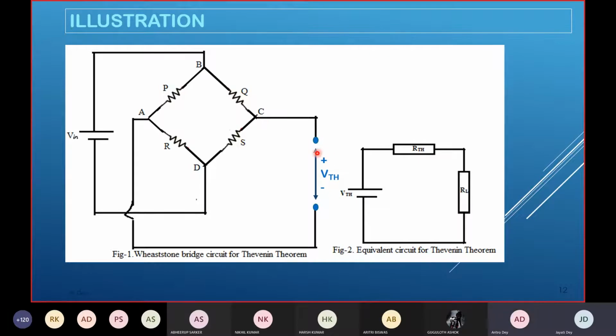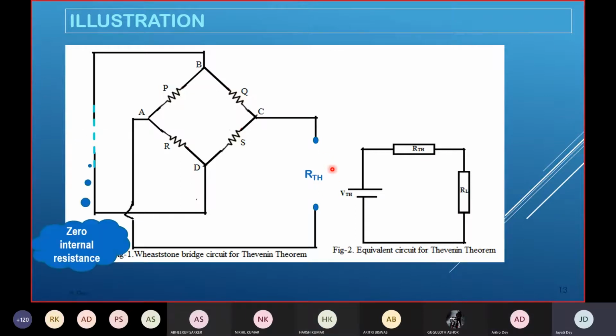If we put a voltmeter here, that voltmeter will give us the reading of VThevenin. Am I correct? Yes, ma'am. Achha. Then how to measure RThevenin?